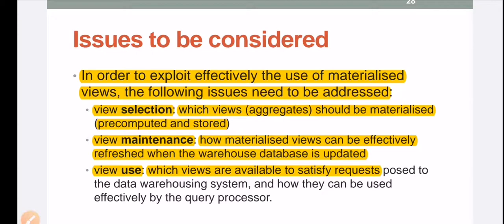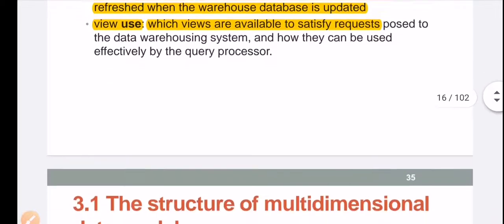Then view maintenance, which is about warehouse database updates. If an update happens to the data warehouse, then how will we maintain such a thing? And then view use: which views are available to satisfy the request. So we have view selection, view maintenance, and view use.